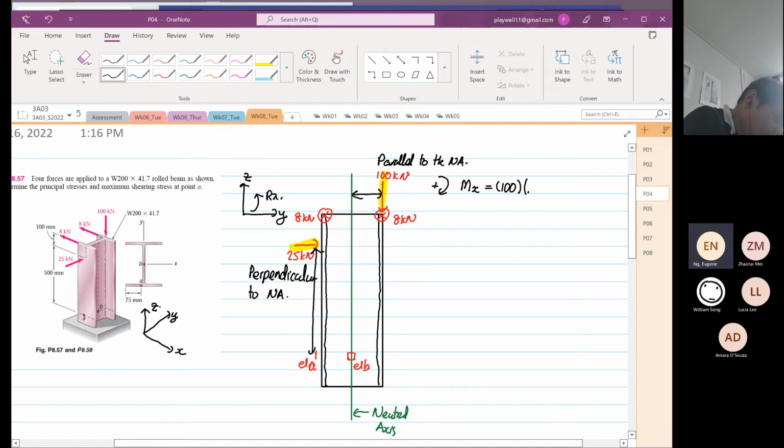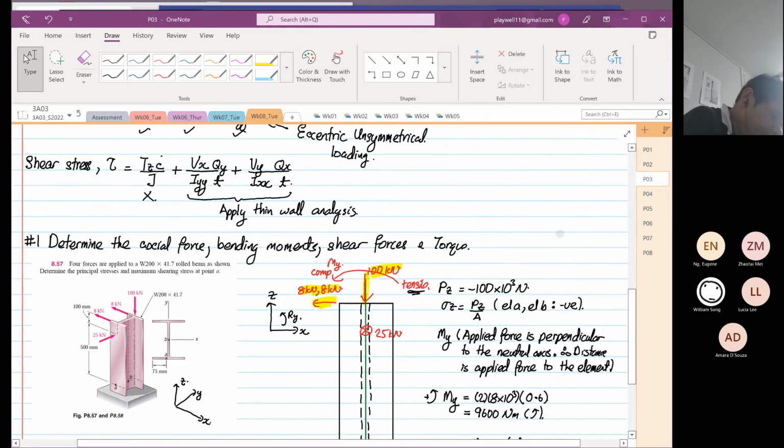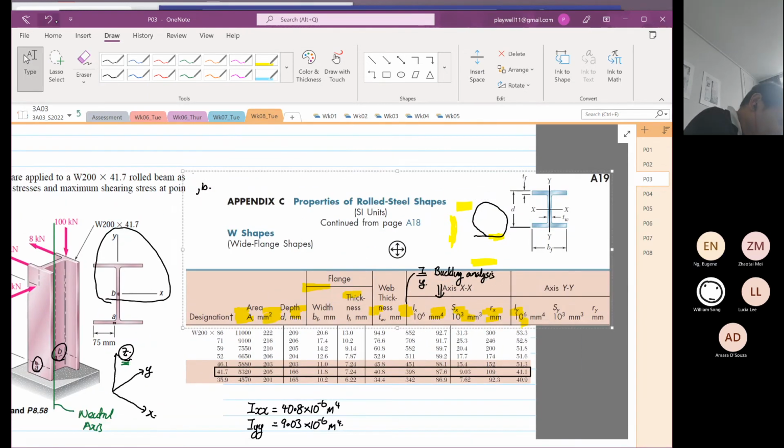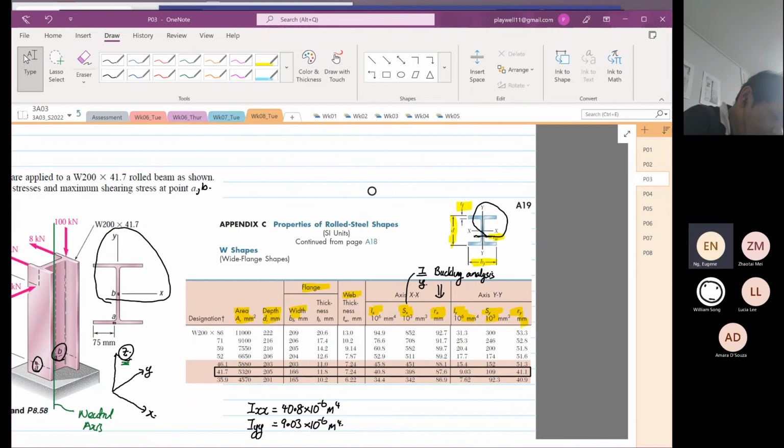So the next distance, we have to find this distance over here. Then we divide by 2. So going back to our table, the distance that we must acquire is our distance D. D is 205.